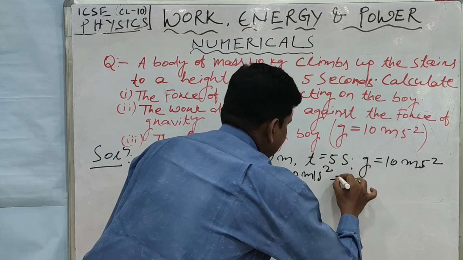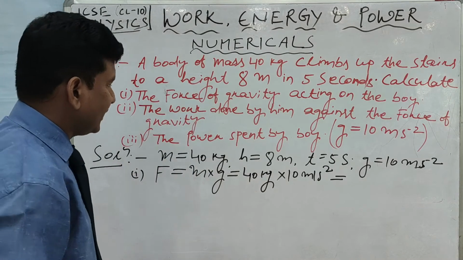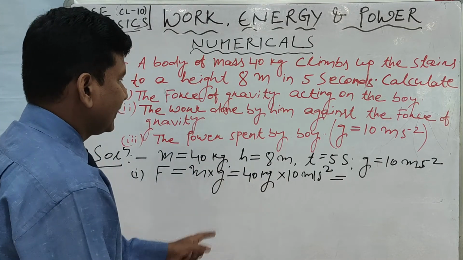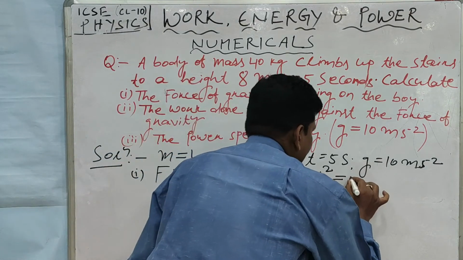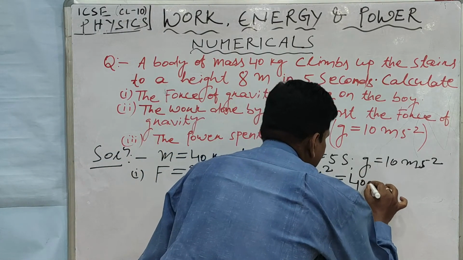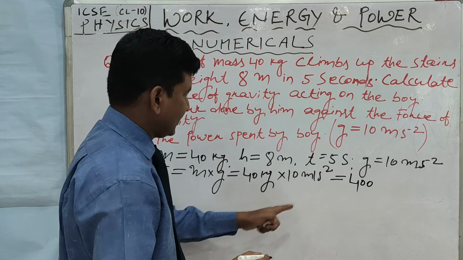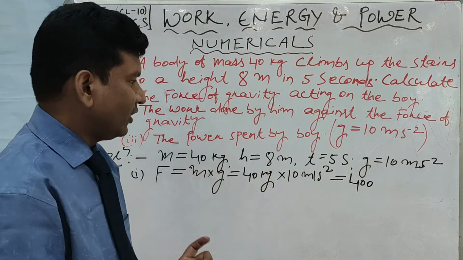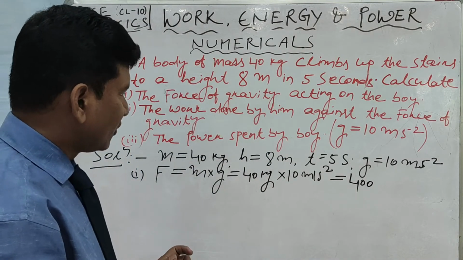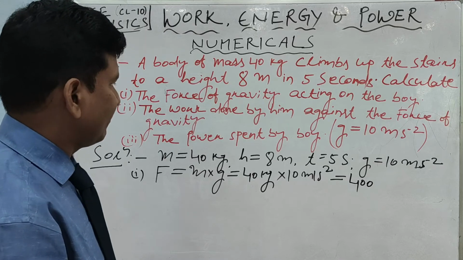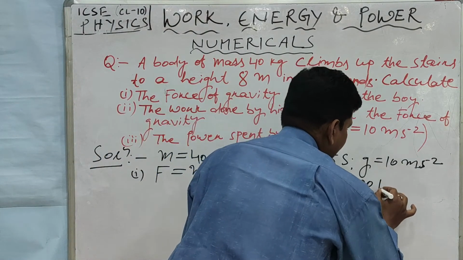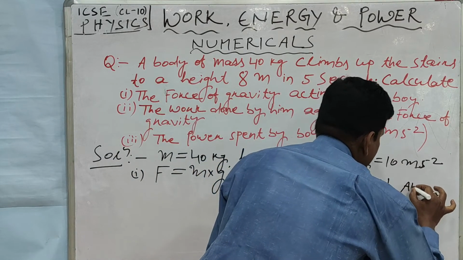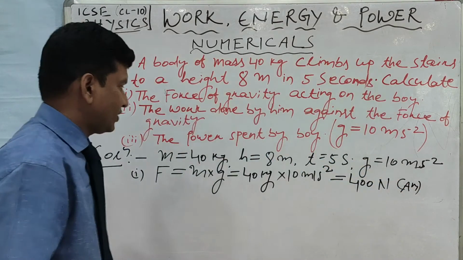If you multiply this, we get 400 kg meter per second square, which is the unit of force in the SI system. The SI unit of force is Newton, so we write here 400 Newton. This is the answer of the first question.